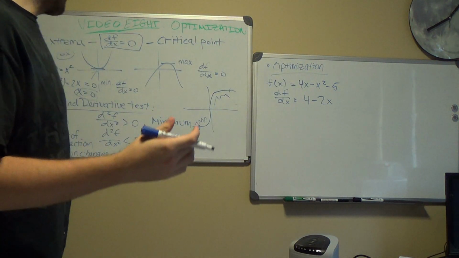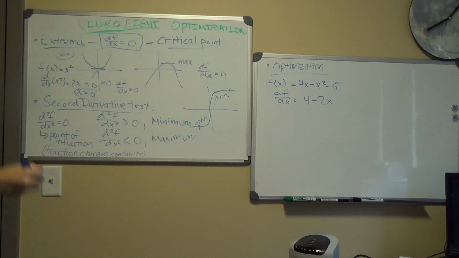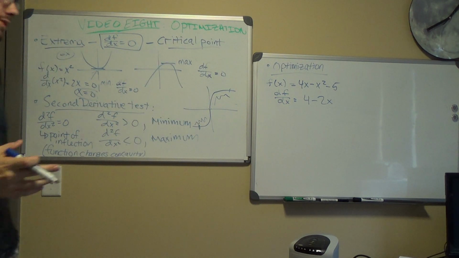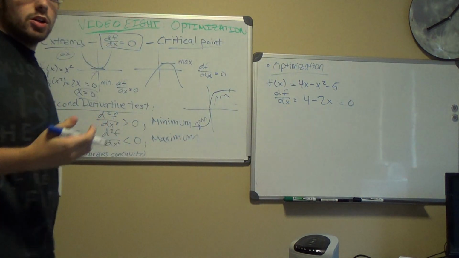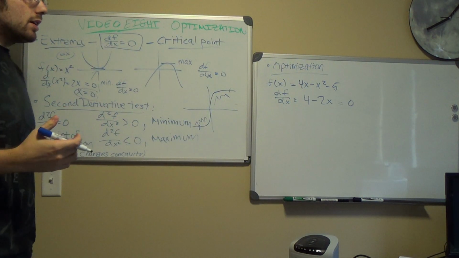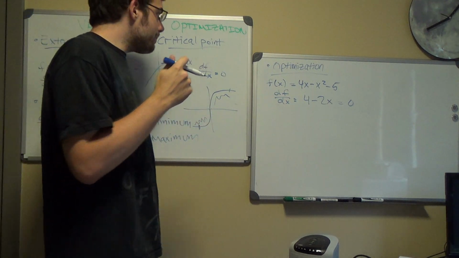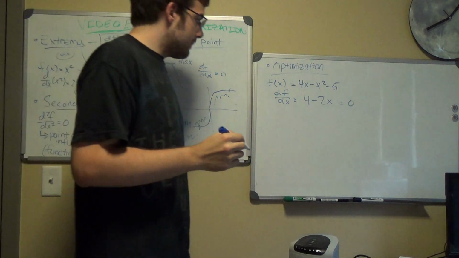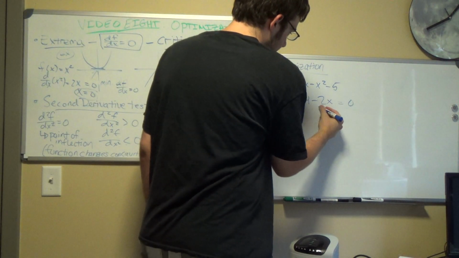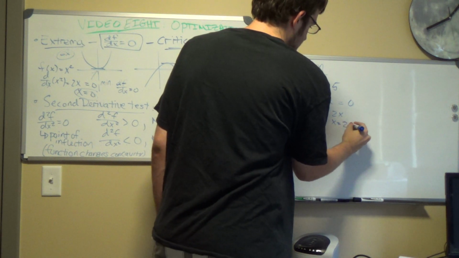If we remember from earlier, a point is an extremum, or a critical point, if the first derivative is equal to 0. So we set this derivative equal to 0 to determine the value of x where we have a critical point. We solve this: 4 equals 2x, x equals 2.